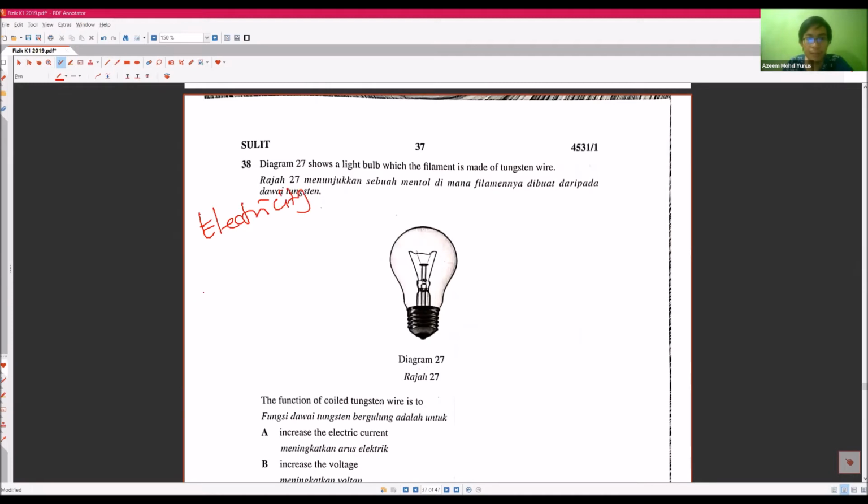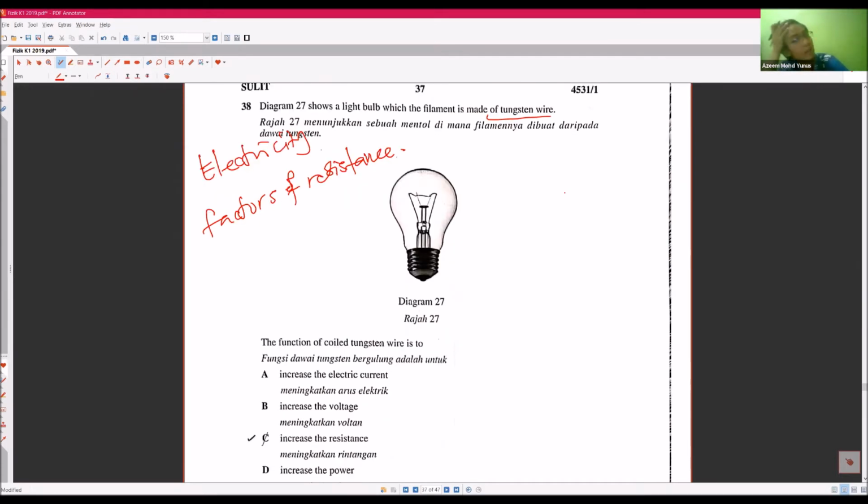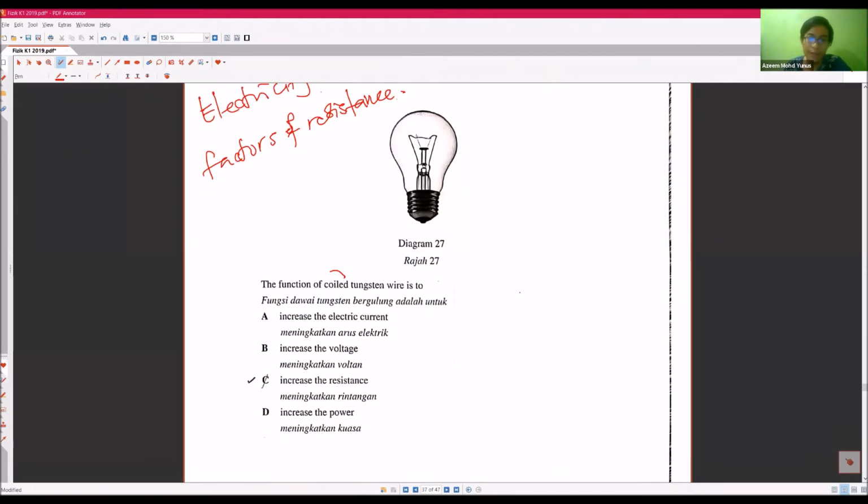Factors of resistance. Diagram 27 shows a light bulb in which the filament is made of tungsten wire, very high resistivity, thus it can release a lot of heat. The function of coiled tungsten wire is to fit a longer length in a small space.